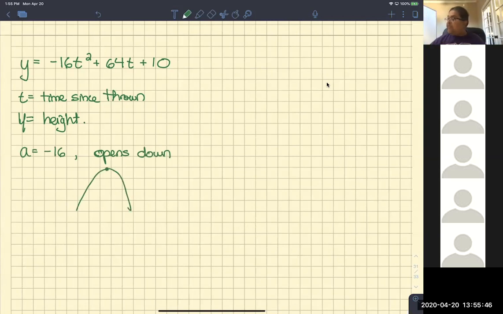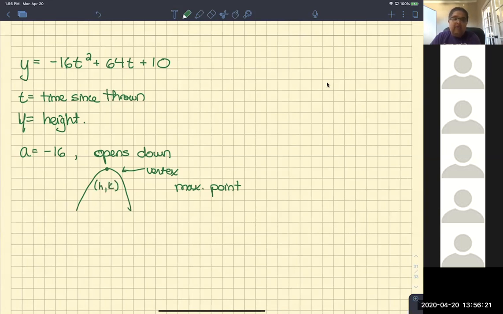That means the vertex is a maximum point. So because the leading coefficient is negative, I know the parabola opens upside down, and that vertex is a maximum point. So if it's a maximum point, the x-coordinate of the vertex tells me when that maximum point is reached, and the y-coordinate of the vertex tells me what that maximum value is.